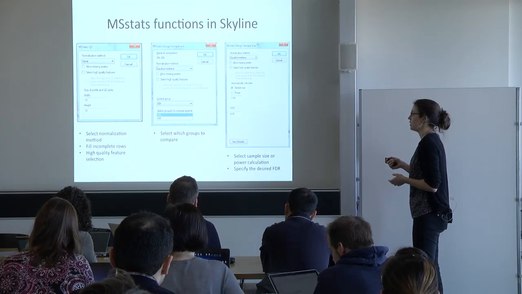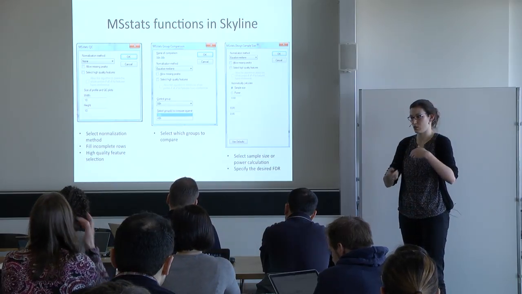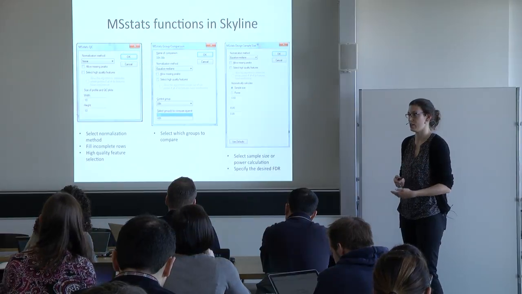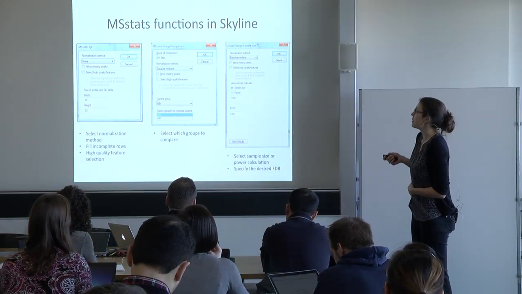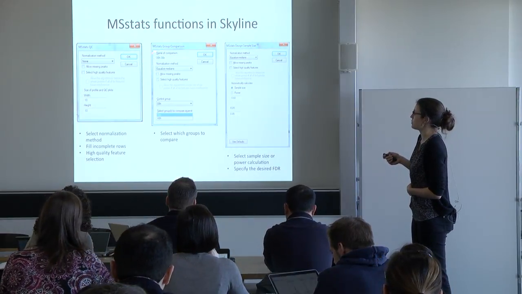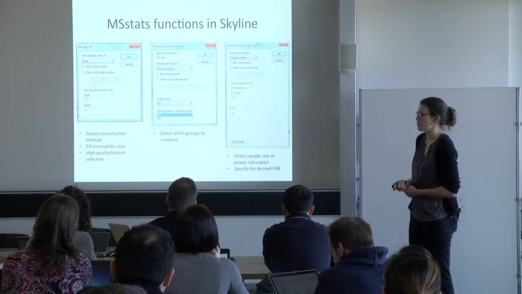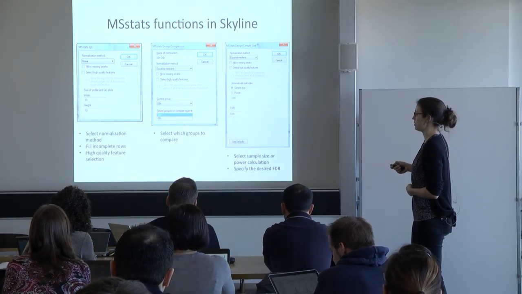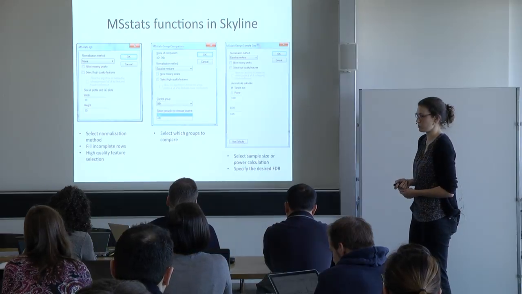If you do the group comparison, you still need to specify all those normalization and related parameters, because this is just done automatically again for each analysis to make it more independent. But additionally, you specify the name of the comparison and the control and comparison group.